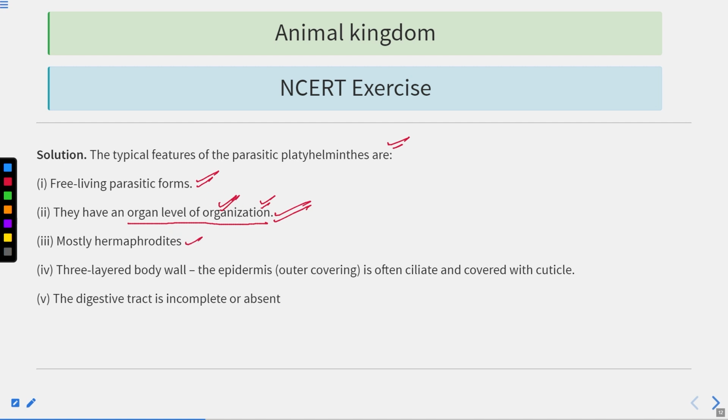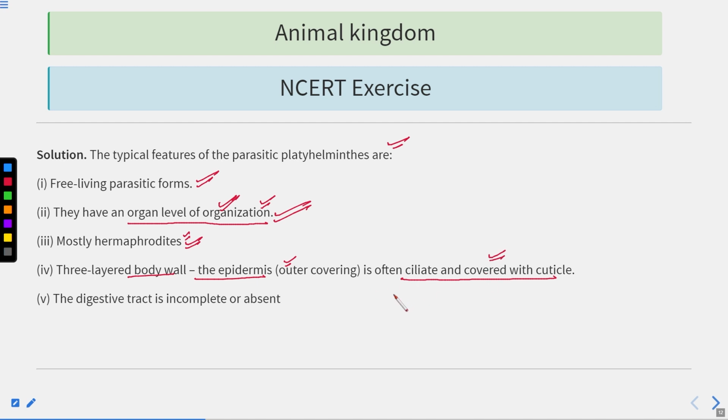Mostly hermaphrodite. It means both the male and female reproductive organs are present in the one organism itself. Three layered body walls. Epidermis, that is making the outer covering, and is often ciliated and covered with the cuticle.